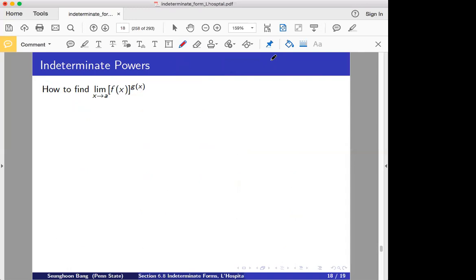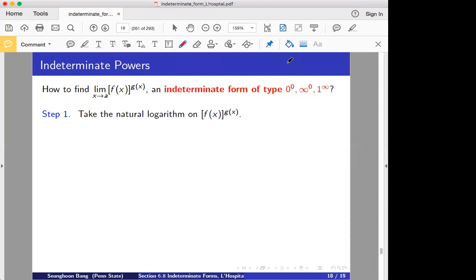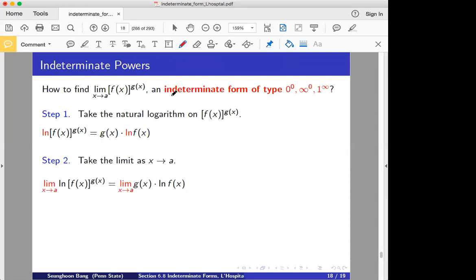How can we solve this? We can use this idea. Step 1: take the natural logarithm of f(x) to the g(x). The exponent g(x) comes down, giving g(x) times ln of f(x). Next, step 2: take the limit as x approaches a, on both sides, and calculate. How can you calculate?